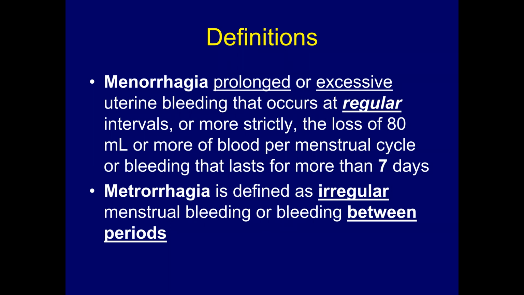Metrorrhagia is irregularity of the bleeding time, especially we can say it's bleeding between periods, or they could go with this month having 20 days, next month having a 40 days cycle.